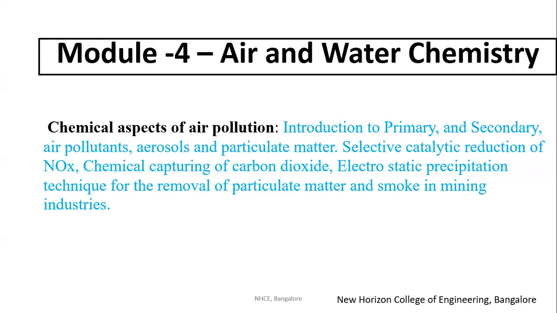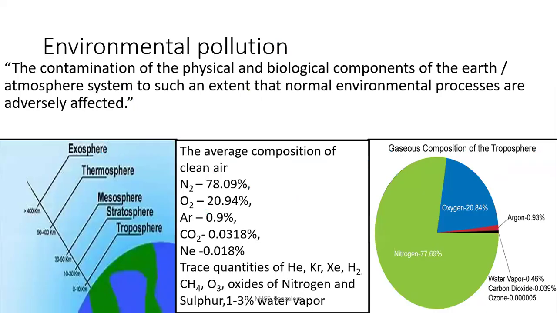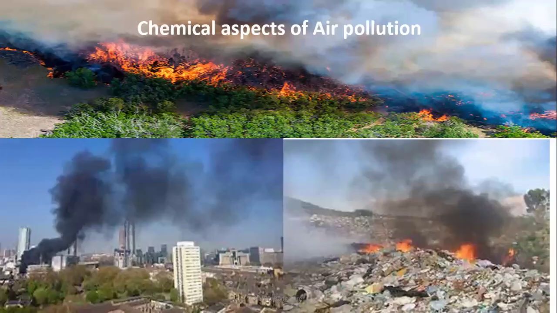In a similar way, consider a change in the composition of air. What is the composition of air? Air contains different components, that is nitrogen, oxygen, argon, carbon dioxide, and neon, in various proportions. Suppose these proportions are altered in such a way that it adversely affects the normal regular processes of the environment, that is called air pollution.